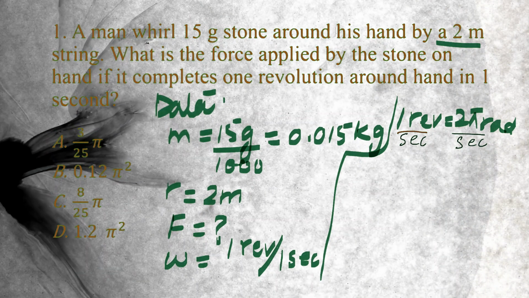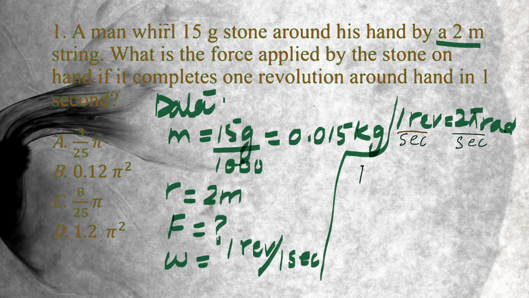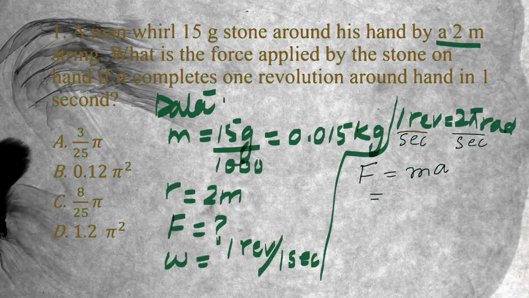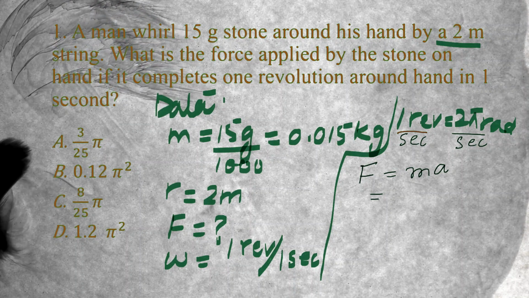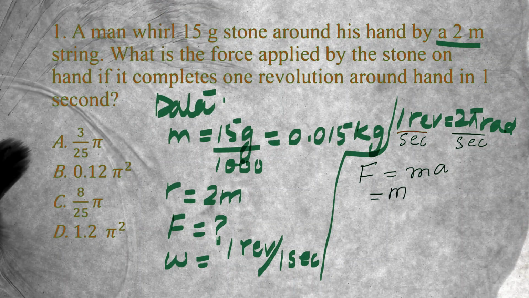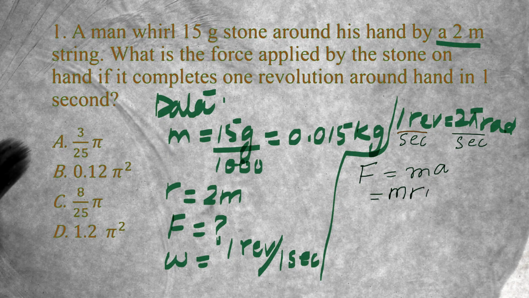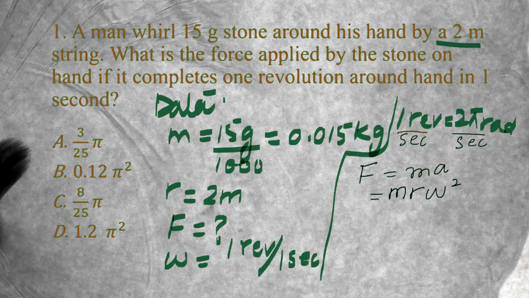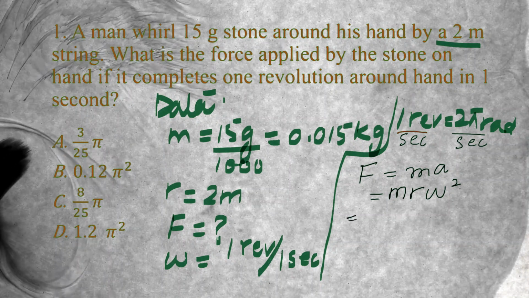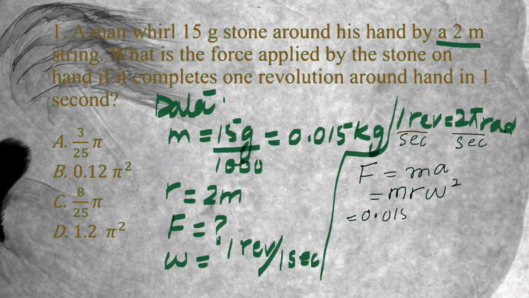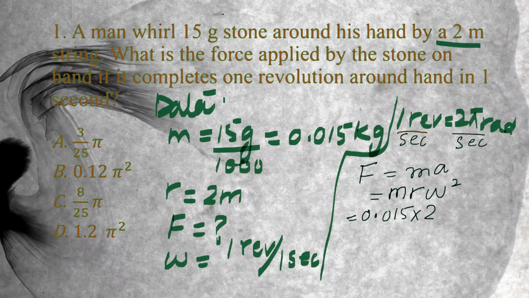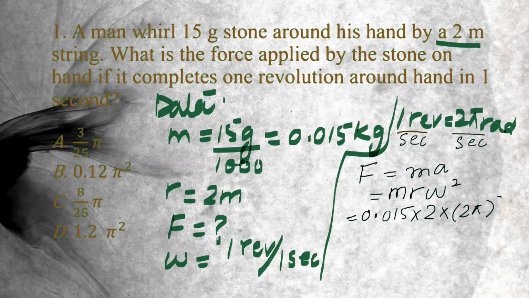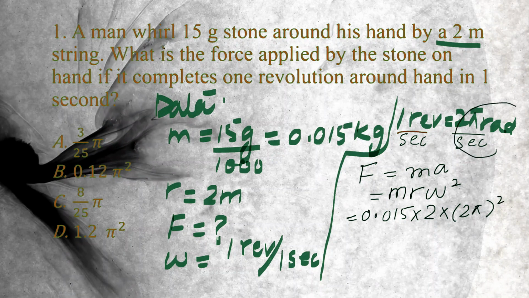Okay, so now what should be the formula? We know that force is equivalent to MA, and if you recall your previous knowledge regarding circular motion, you know that a is equivalent to R omega square according to centripetal acceleration. So if I substitute all the values, M is 0.015, R is 2 and omega is 2 pi, squared.